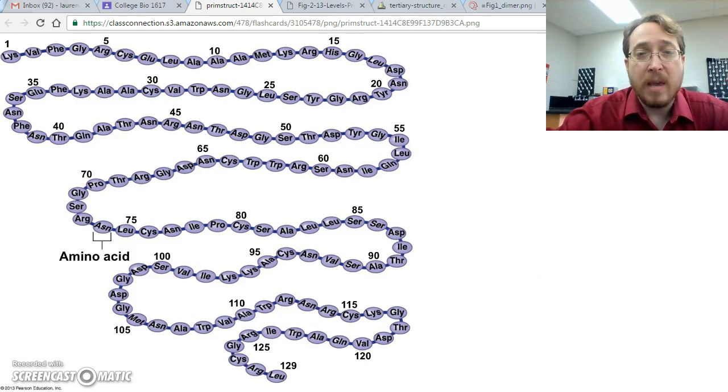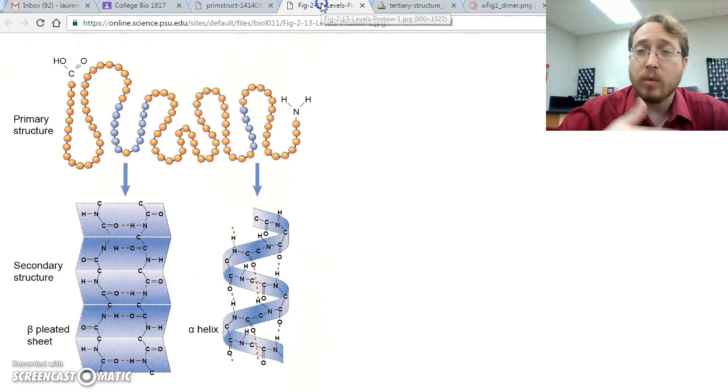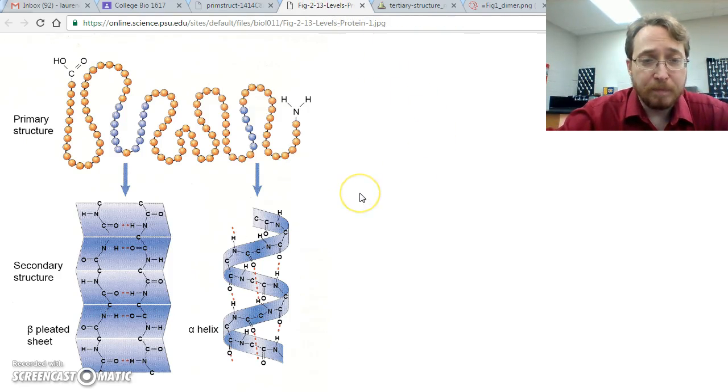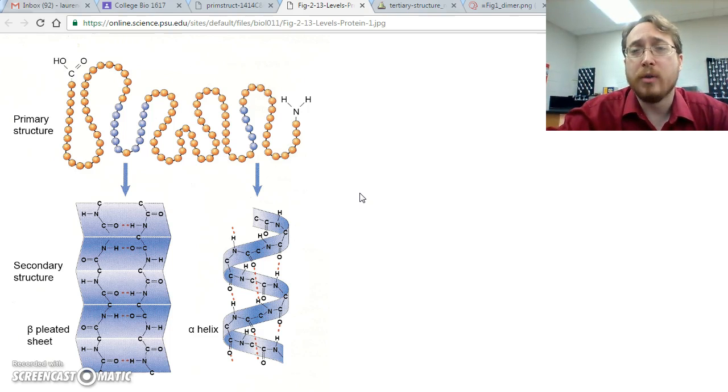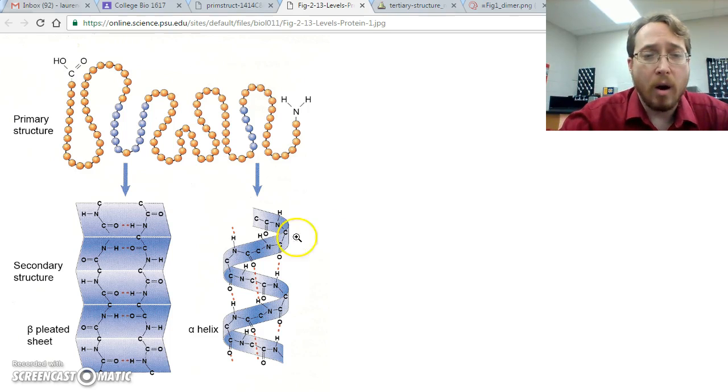Now, the order of the amino acids will influence the secondary structure. Secondary structures are very specific shapes that form due to polar amino acids forming hydrogen bonds with each other and possibly nonpolar amino acids having hydrophobic interactions with each other. And 2 shapes that continually pop up in proteins are the alpha helix and the beta sheet, sometimes called the pleated sheet.